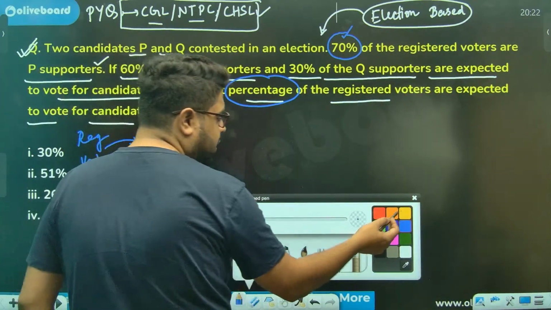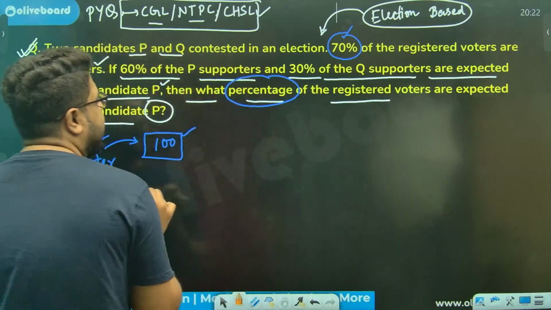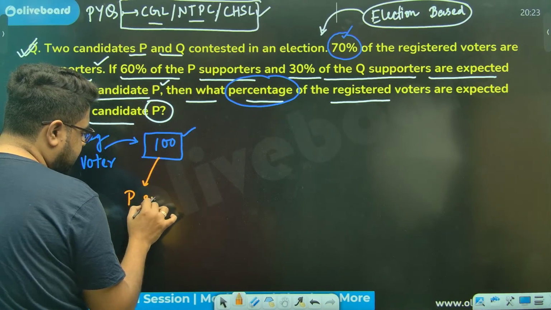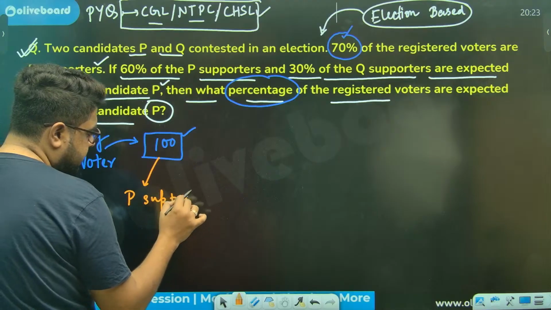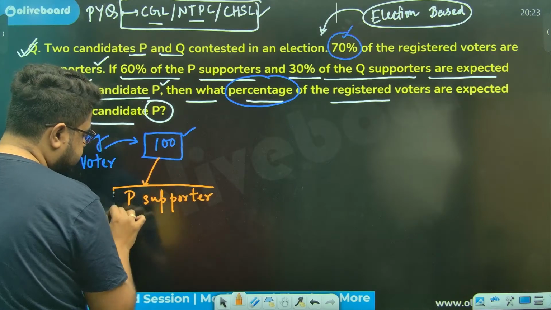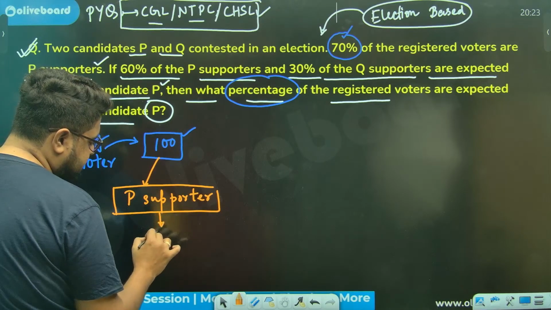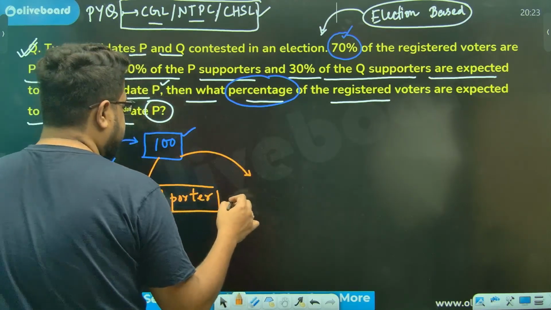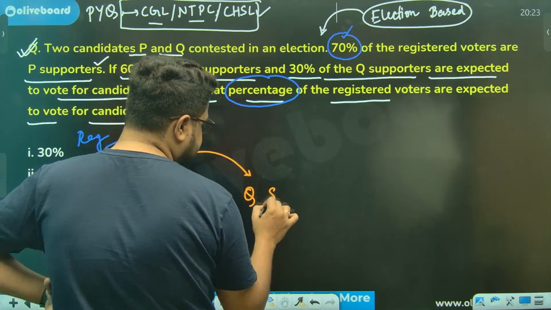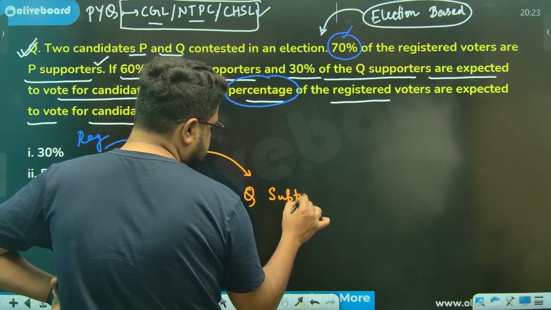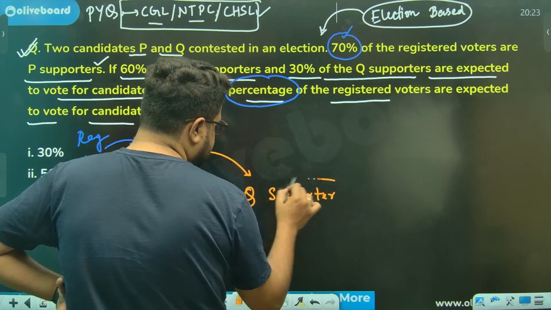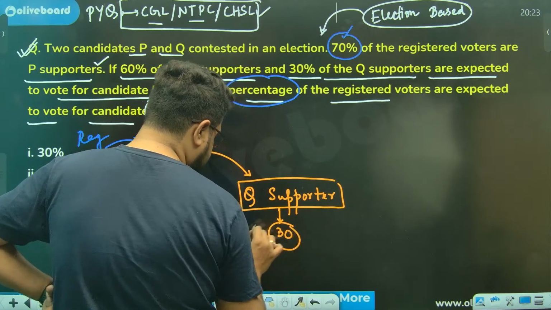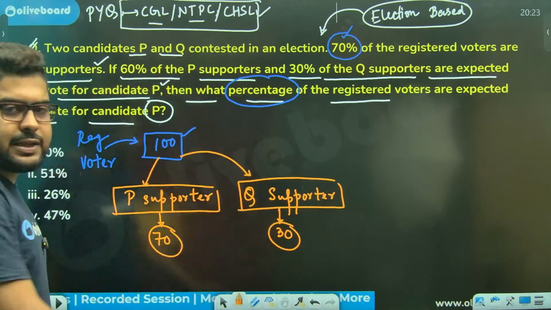Out of that, 70% are P supporters, so 70 means 70. The remaining will be Q supporters, so Q supporters will be the remaining 30, out of 100, 70 and 30.